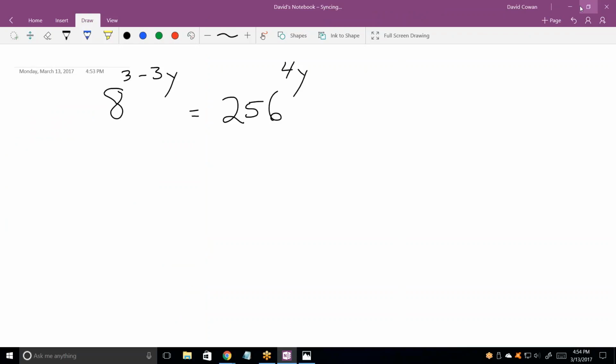Usually when you have equations where your variable is in the exponent, you have to use logarithms to solve them. That's almost the number one rule. If your variable is in the exponent, you've got to use logarithms. There is one exception, and that is if I can make both bases have a common base.